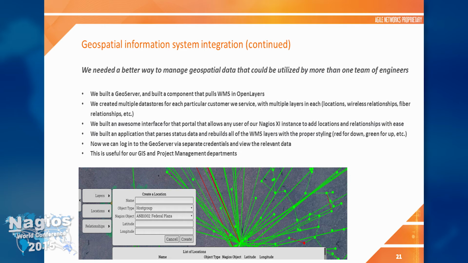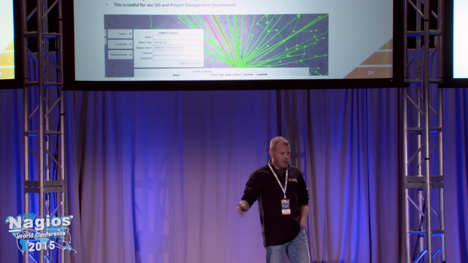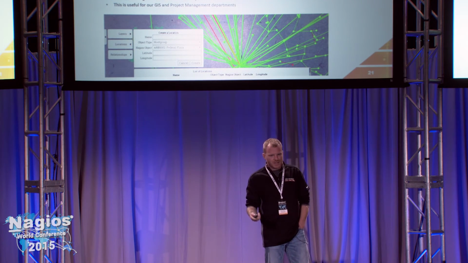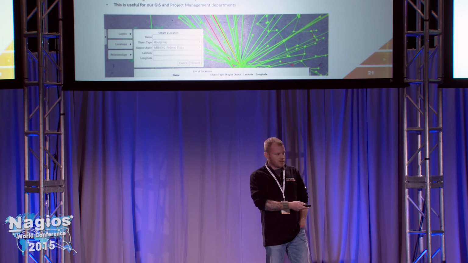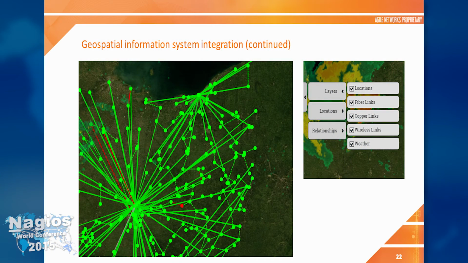They can manipulate that data however they want to. And this is useful for the GIS department and for the project management departments because they now have insight into the status of the network, what's been rolled out, what needs to be rolled out, and they don't ever have to touch my XI system, but they can still see all those things. Hey, why is customer XYZ down? Is somebody addressing this? And more pictures.